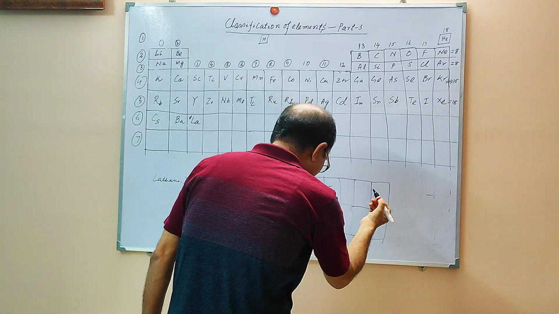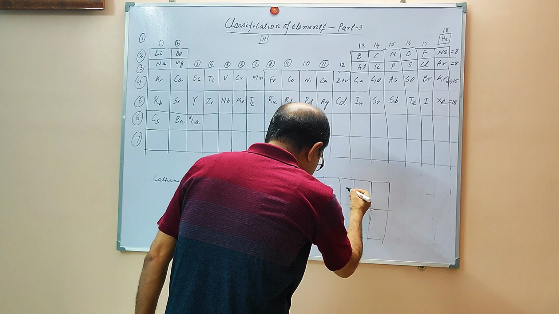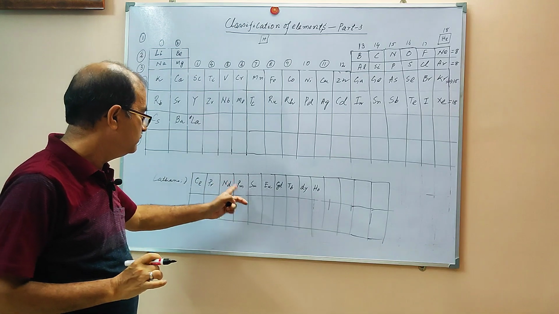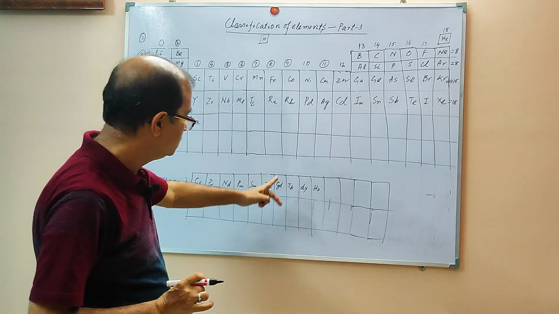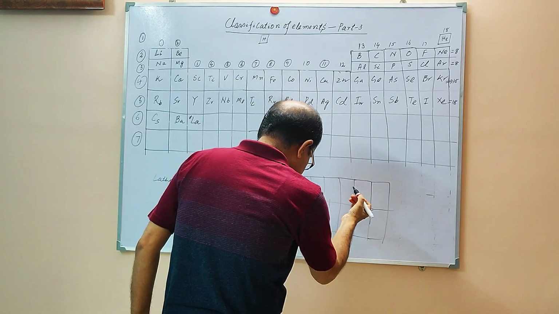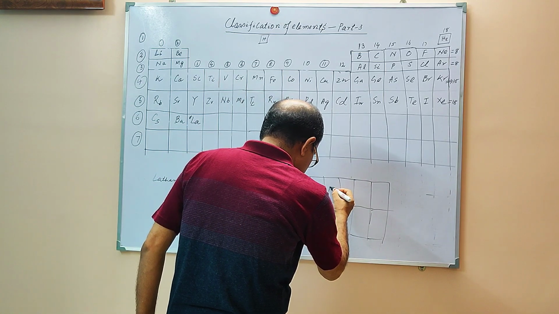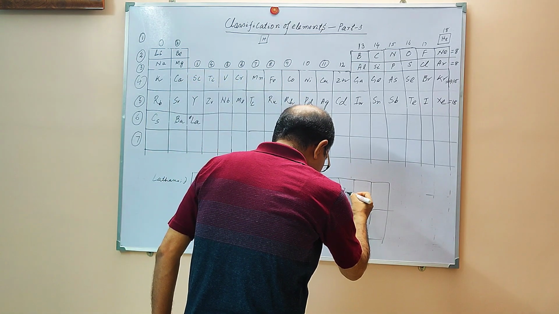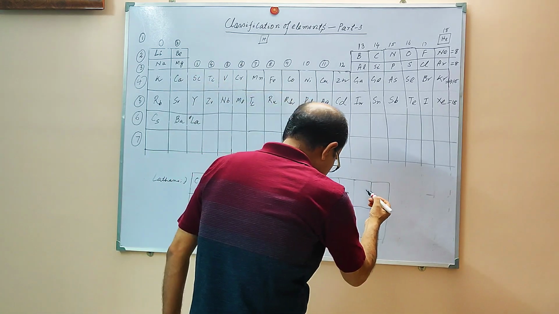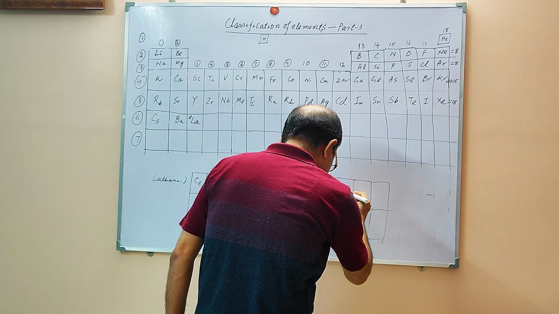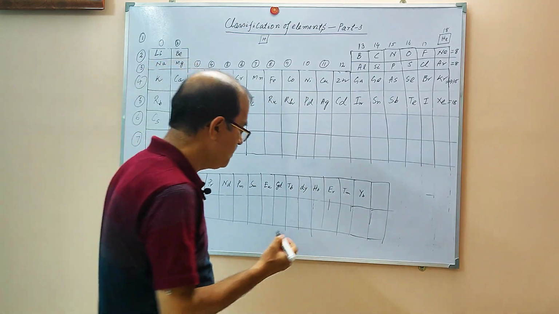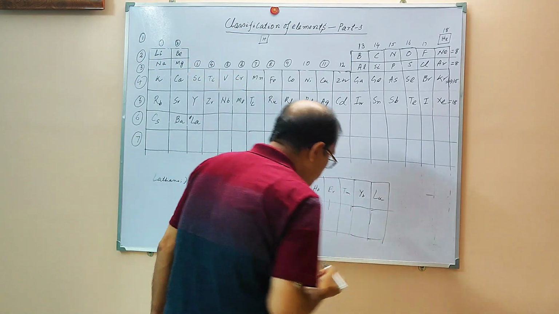Then you have another element, then holmium, then thulium, Tm, then Yb, ytterbium, and the last one is lutetium.